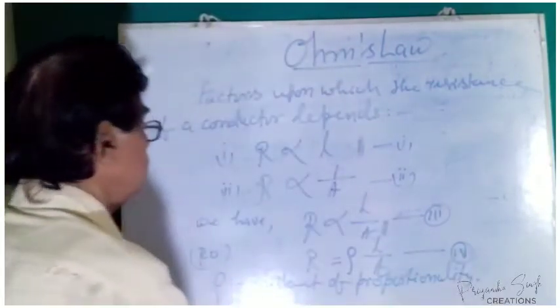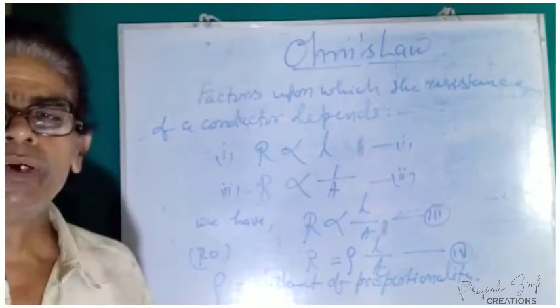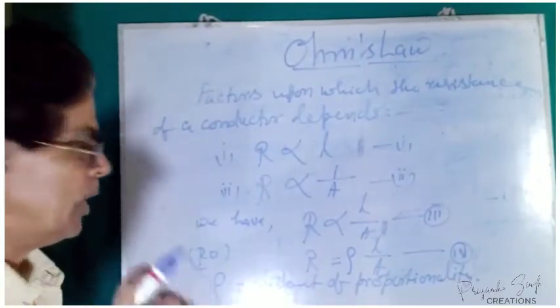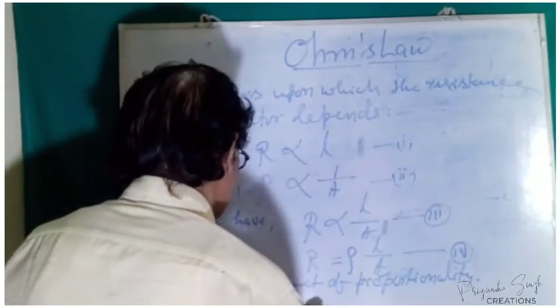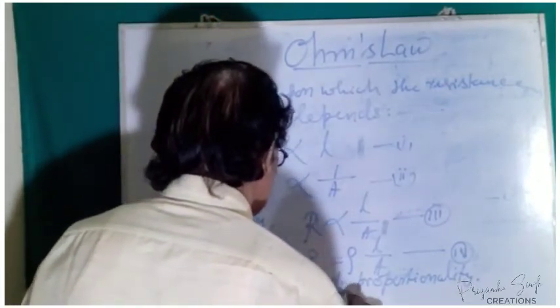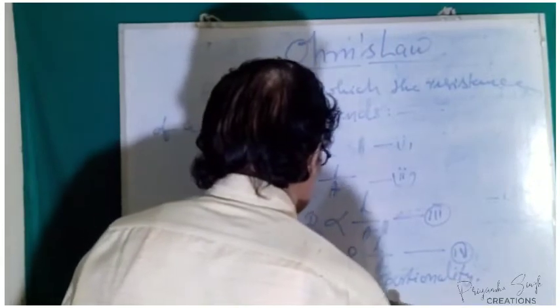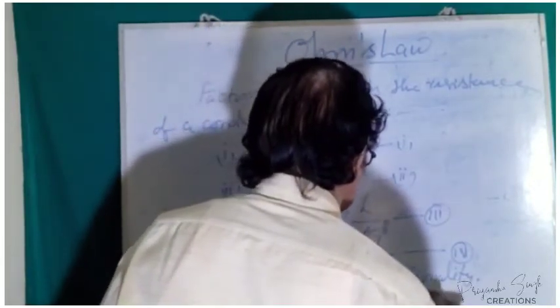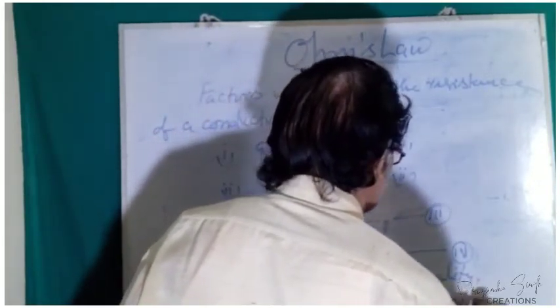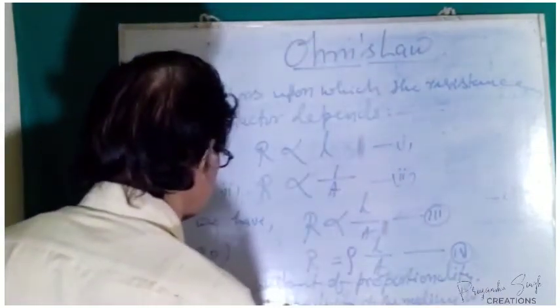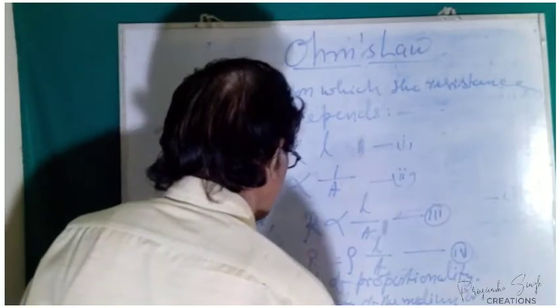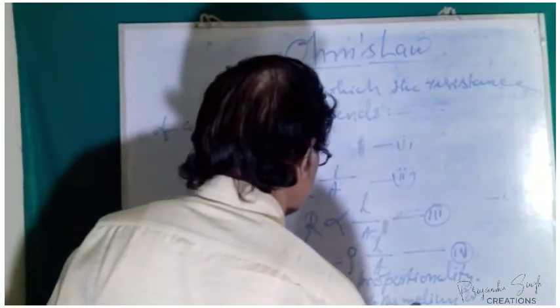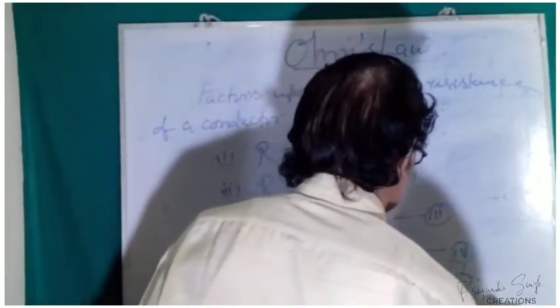and it is called the specific resistance of the conductor.